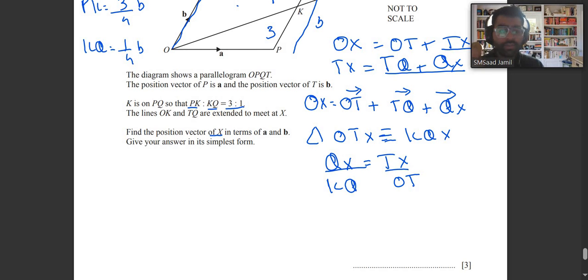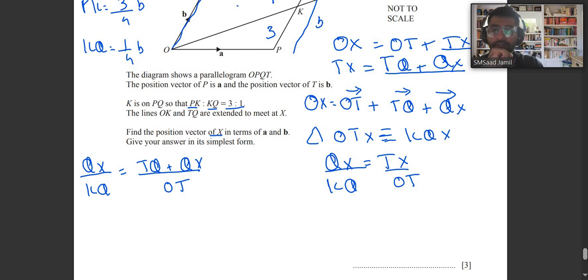Now we will rewrite this again. QX upon KQ is equal to, now what was the value of TX that we found? The value of TX was TQ plus QX, right? So we will write TQ plus QX upon OT.